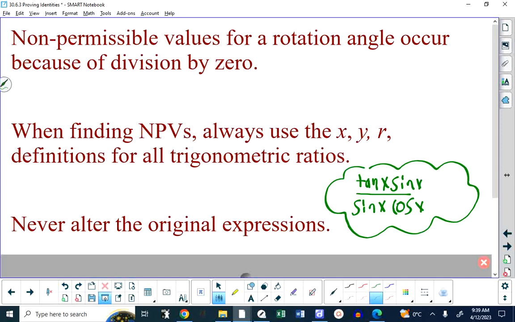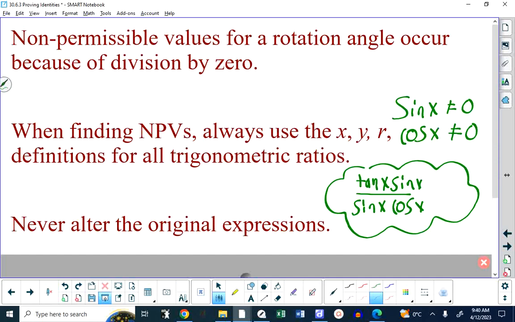But as it stands right now, sine of x is in a denominator, which means sine of x is not allowed to be 0. Now, I'm not worried about what x is not allowed to be. I'm just saying sine of x is not allowed to be 0. That's going to be one of the statements that you end up writing. Another one is going to have to be cos of x is not allowed to be 0.